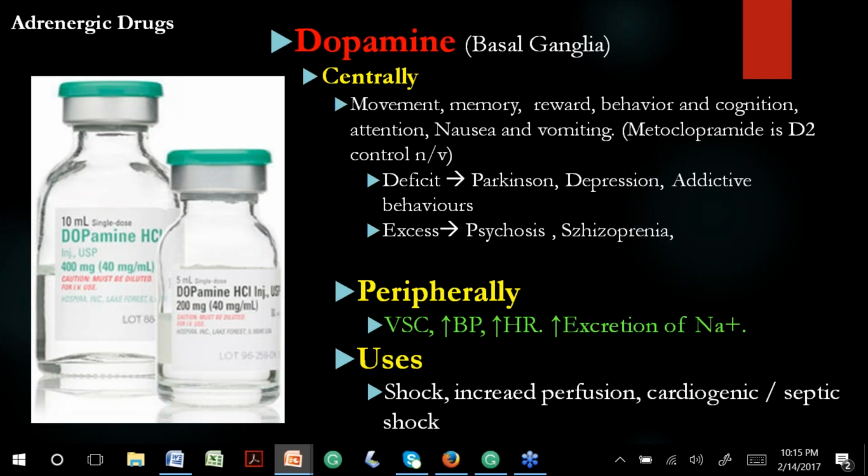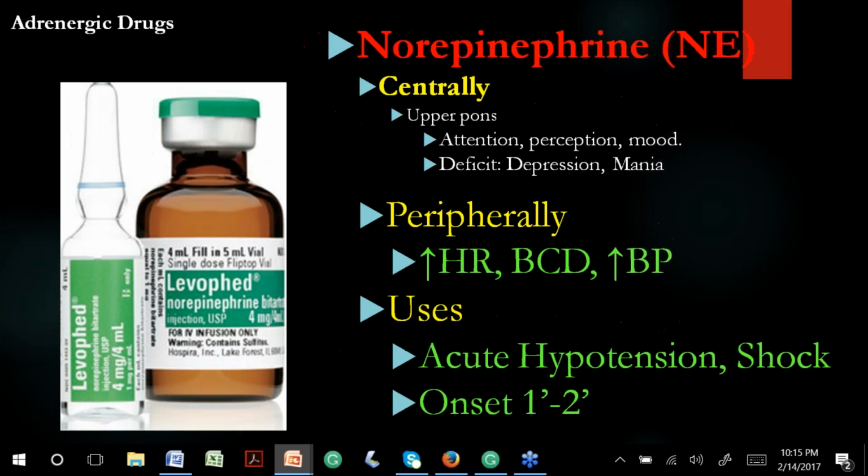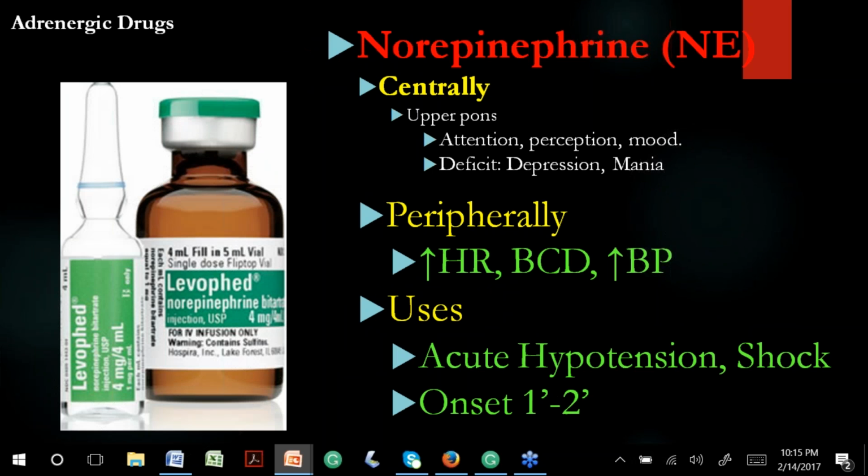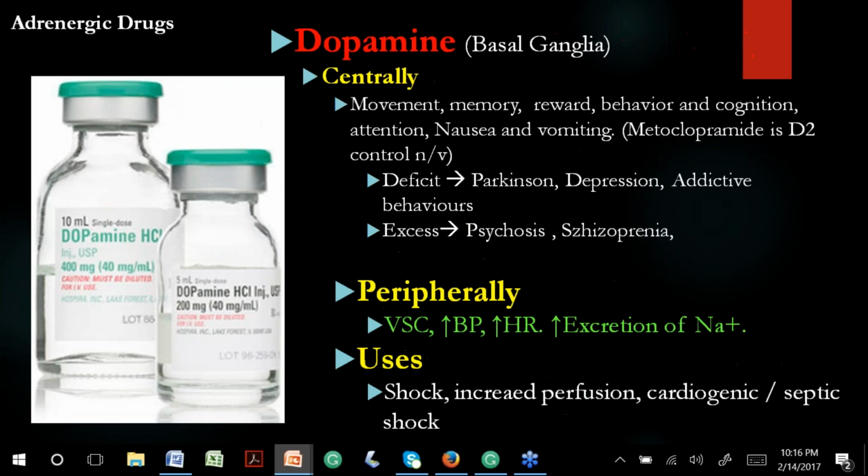Produce bronchodilation and increase the blood pressure. So this is norepinephrine. Dopamine. Noradrenaline increases the blood pressure. Conclusion: dopamine is going to increase the blood pressure too, and basically what is going to happen is vasoconstriction. So you can see the difference. Norepinephrine increases the heart rate, while dopamine is mostly going to produce vasoconstriction, so the peripheral resistance is going up.